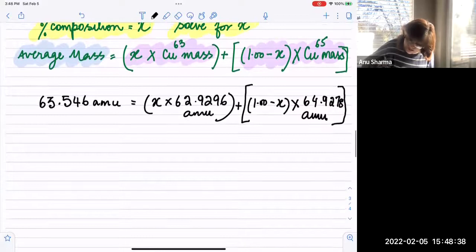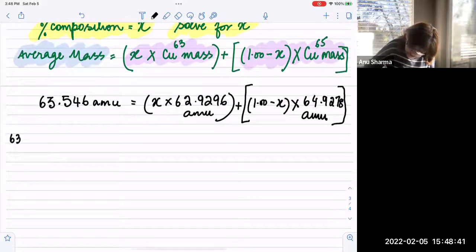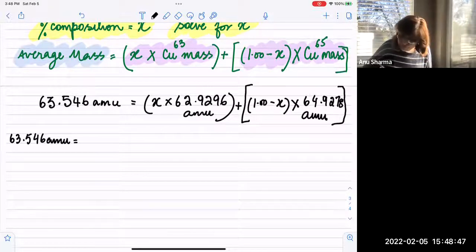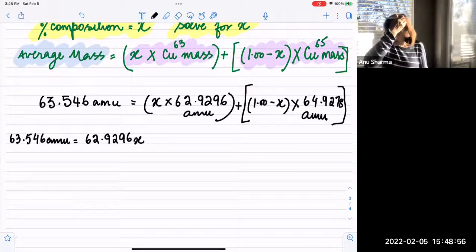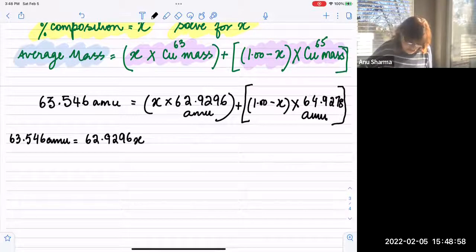Okay, so we need more space here. 63.546 AMU is equal to 62.9296X, right? That's multiplied, and that's the atomic mass units.